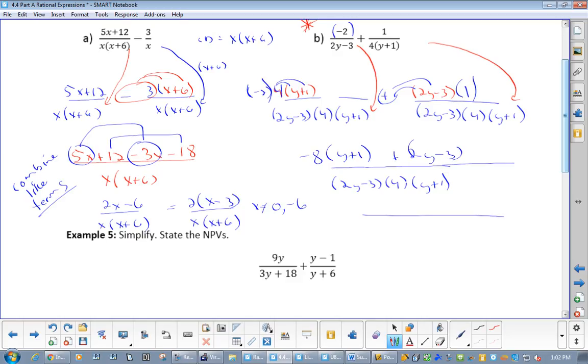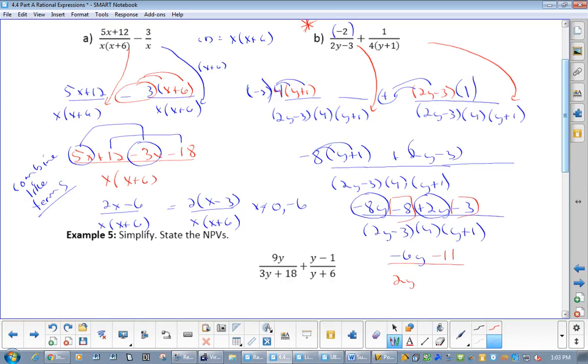Now back to being over my common denominator. Okay, so this is negative 8y minus 8 plus 2y minus 3. Now, negative 8y and positive 2y is negative 6y. Now, I got a negative 8 and a negative 3, which is negative 11, all over 2y minus 3 times 4 times y plus 1.